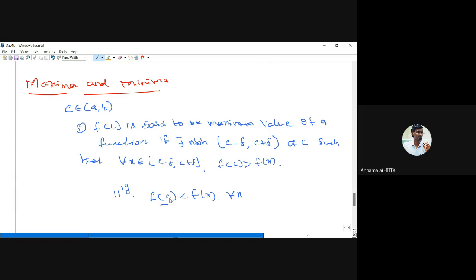So a function is said to have an extremum value if it is either maximum or minimum.